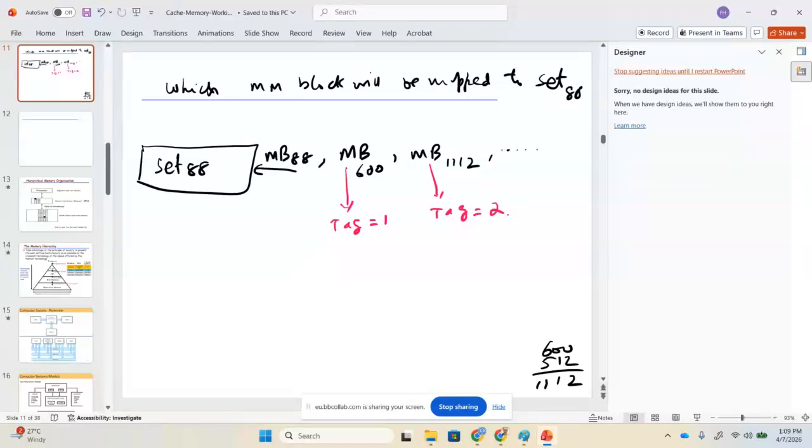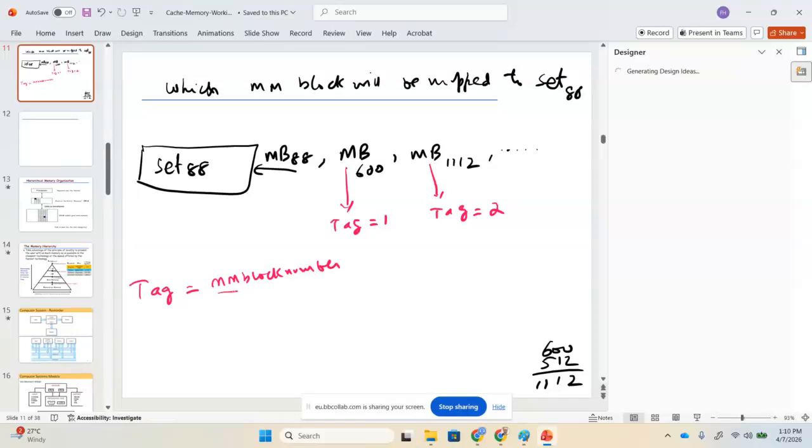This is very important. So the tag can be found by using the main memory block number divided by the number of sets.